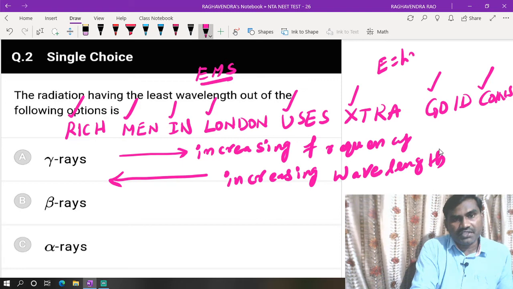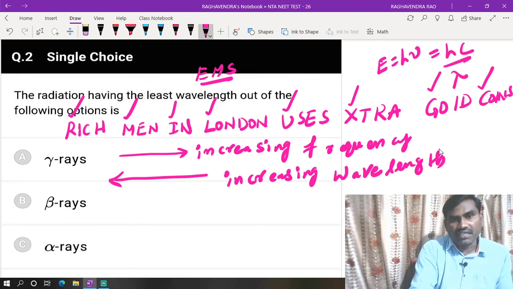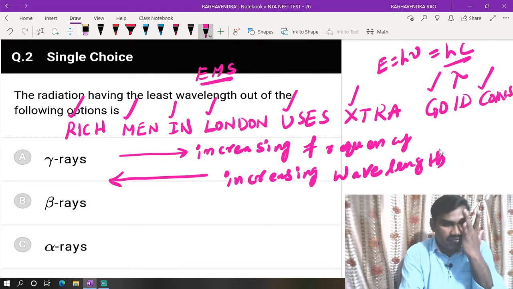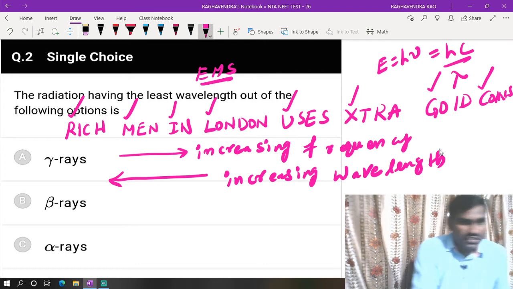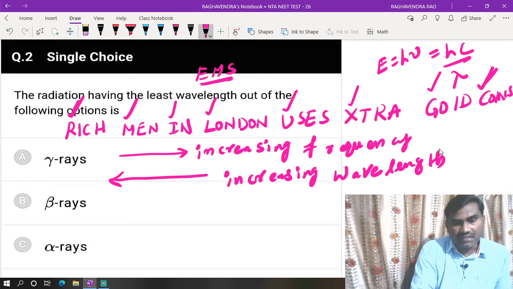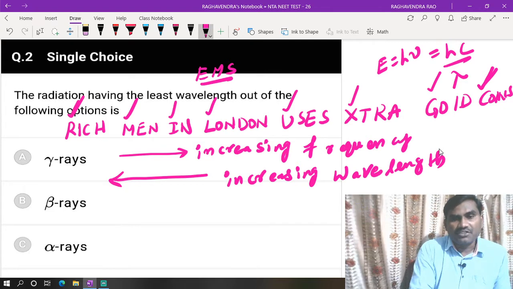Energy E is equal to h nu, and nu is nothing but c by lambda. That means energy and frequency are directly proportional, and energy and wavelength are inversely proportional. So from this, radio waves have the longest wavelength, whereas cosmic rays have the highest frequency.